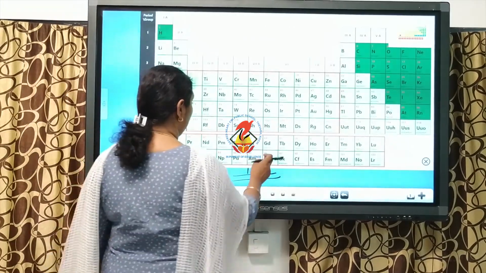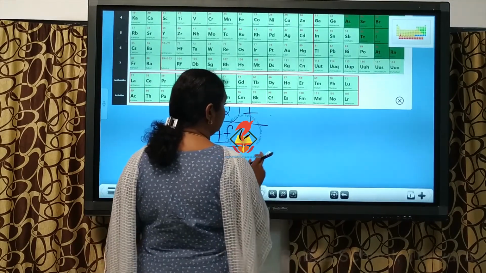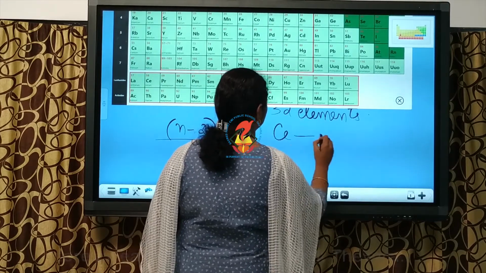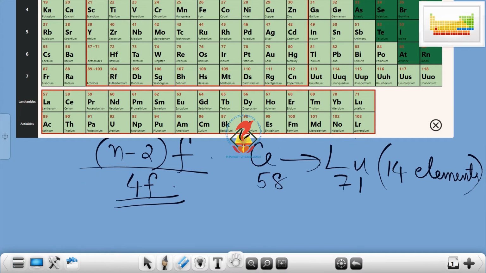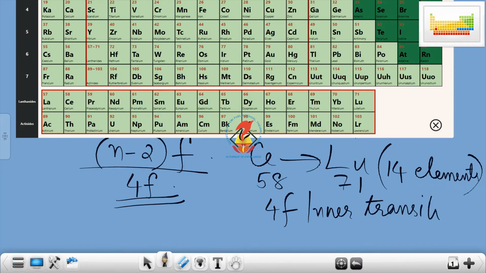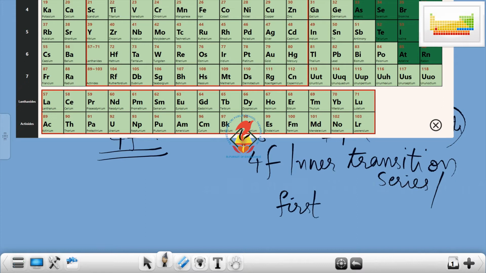So we can call the elements from cerium to lutetium, that is atomic number 58 to 71, 14 elements, they are placed at the bottom of the periodic table and their 4f orbitals are getting filled. They are called 4f inner transition series, or they are also called first inner transition series.